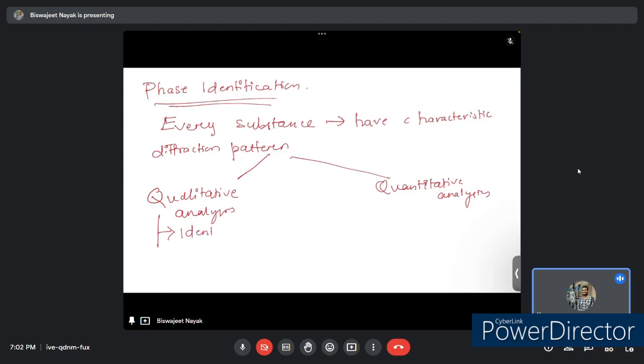This is accomplished by identification of the pattern of that substance.